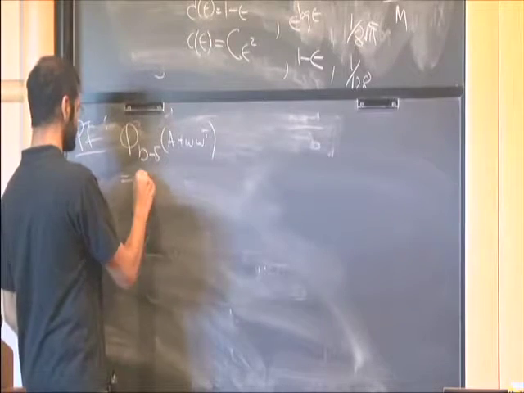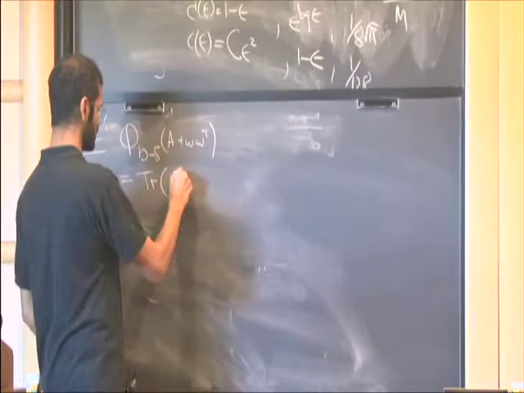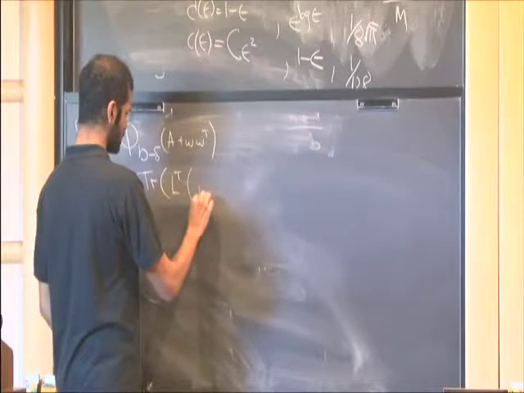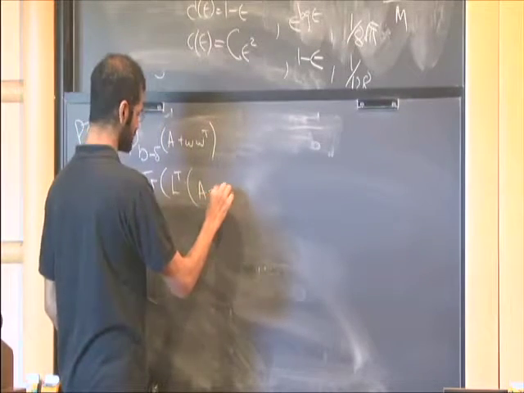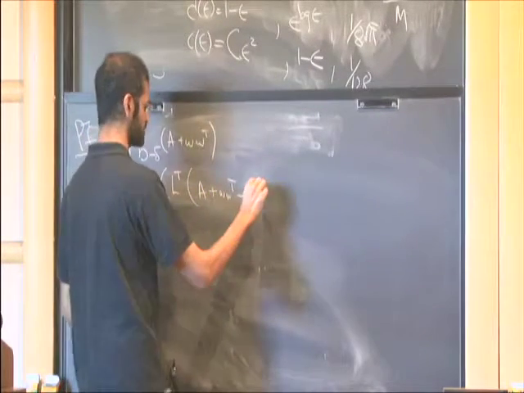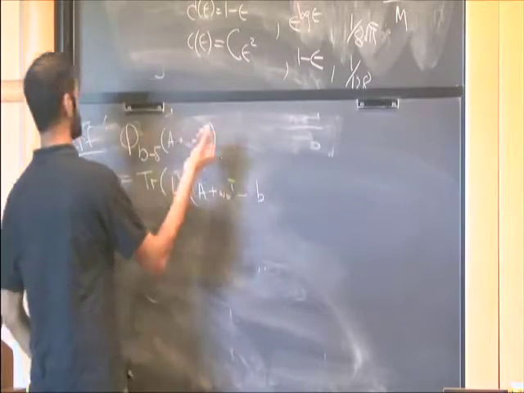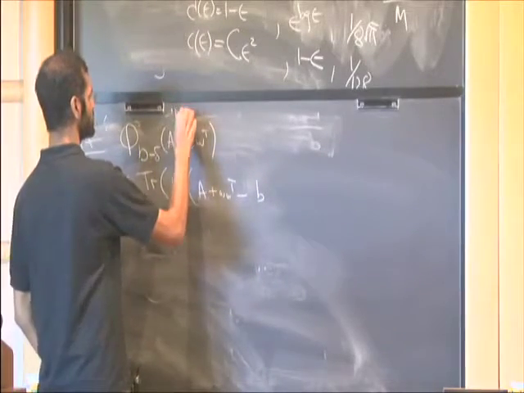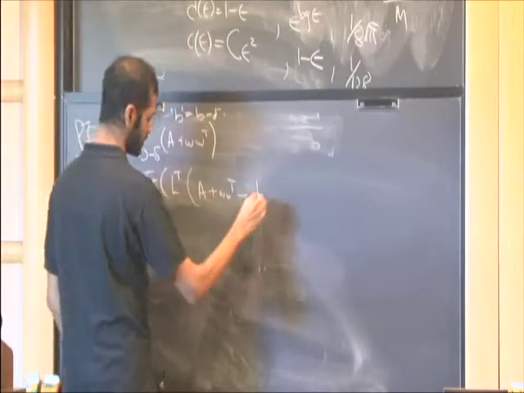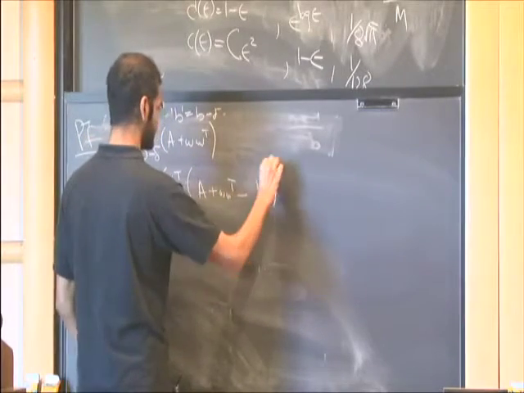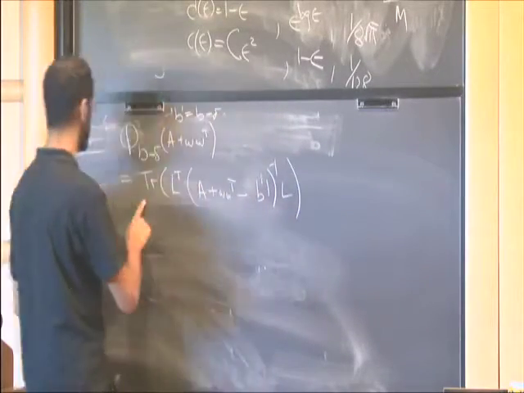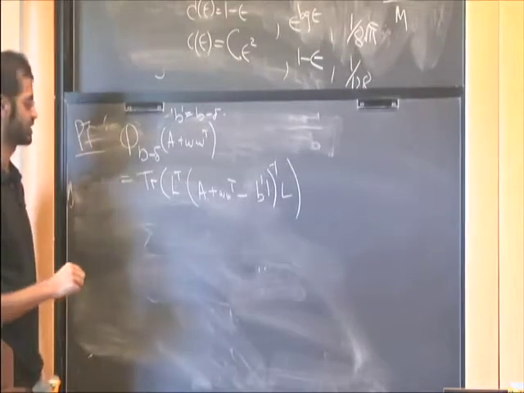This thing is the trace of L transpose (A plus WW transpose minus B prime I) inverse L. I don't want to keep writing B minus delta, so let B prime be B minus delta. This is the new potential.